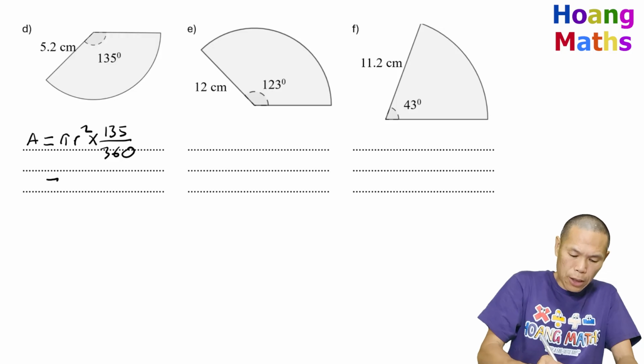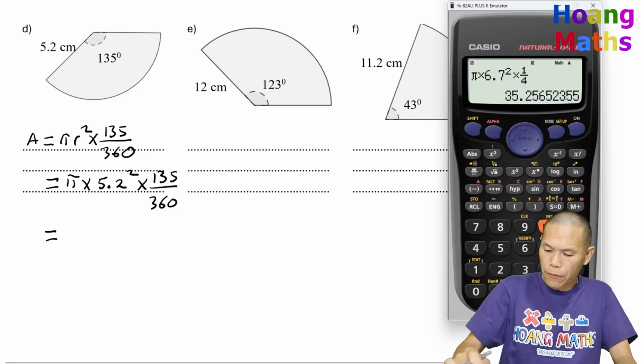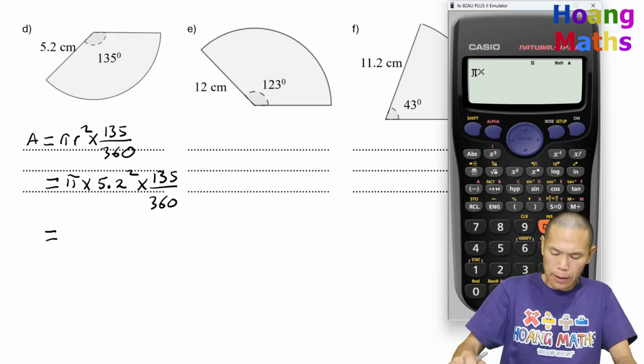So that means equal pi times 5.2 squared, we times 135 out of 360 degrees. That is shift pi times 5.2 squared, we times 135 out of 360.